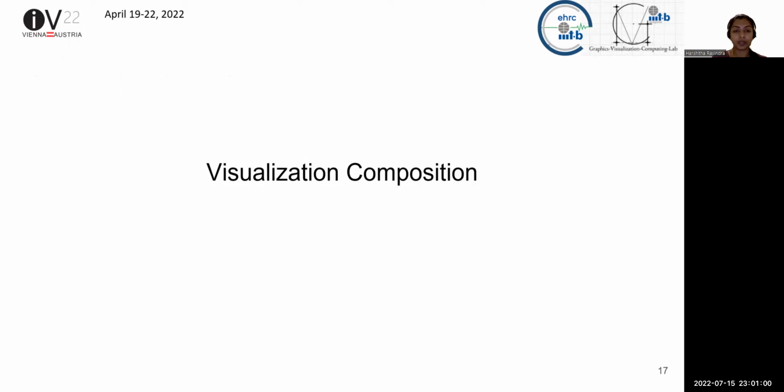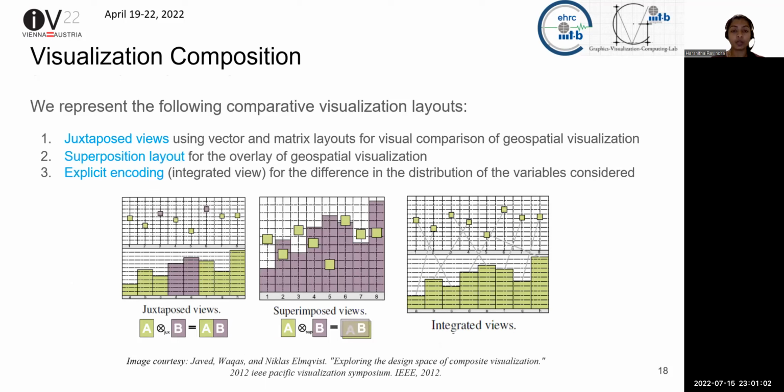Visual composition. Here we explored the use of visual composition views, which includes juxtaposition and superimposition as design patterns. For multivariate visualization of population data on maps, in the proposed work, the following comparative layouts are used.